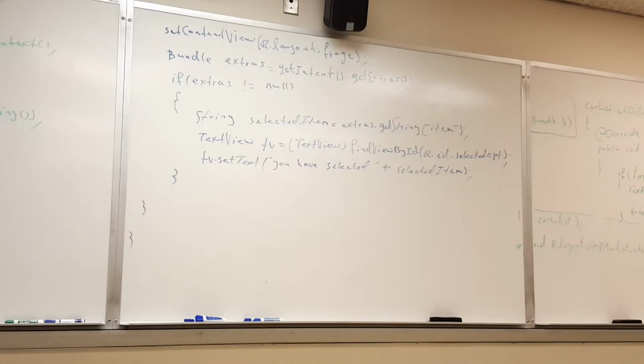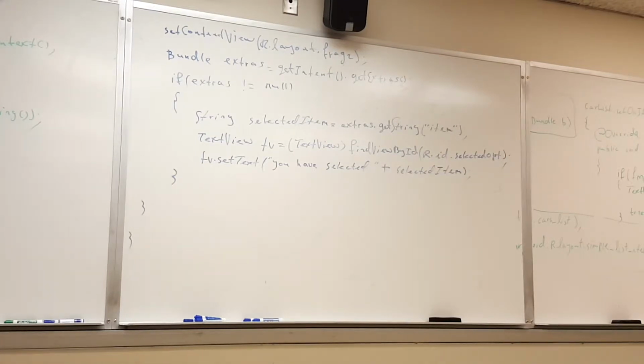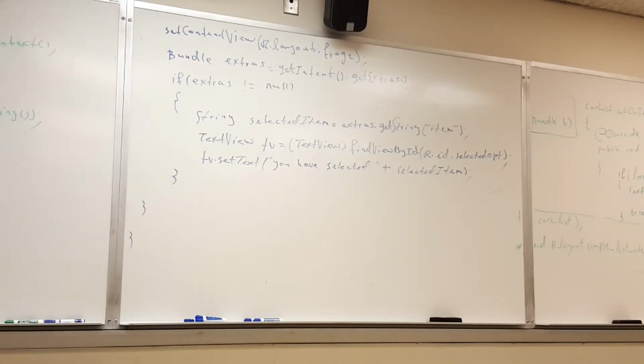I'm sorry, what's the difference between the bundle in onCreate and this bundle? This bundle is not carrying the items that are created by the extra method, like putExtra.